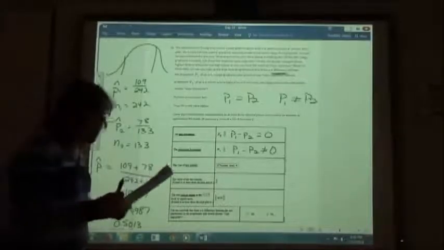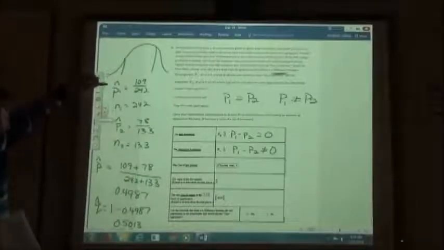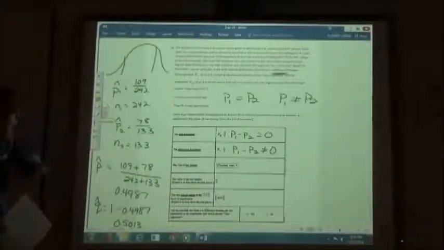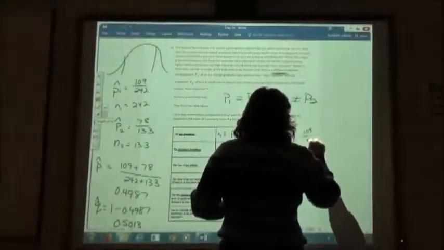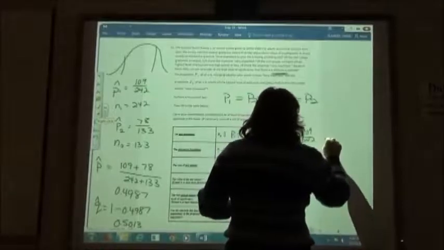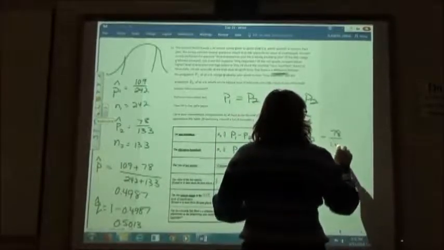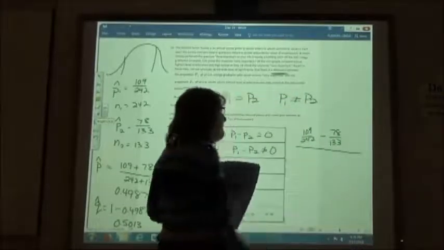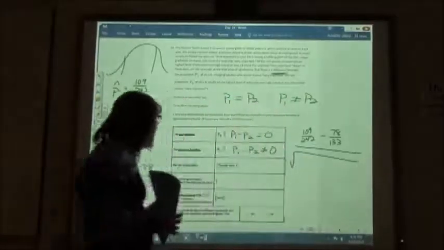Okay, once we have all our data, we can now plug them into our formula. So on the top of our formula, we're doing P1 hat minus P2 hat. So those two fractions we have: 109 over 242 minus 78 over 133. On the bottom of our fraction, we have the P hat times Q hat.